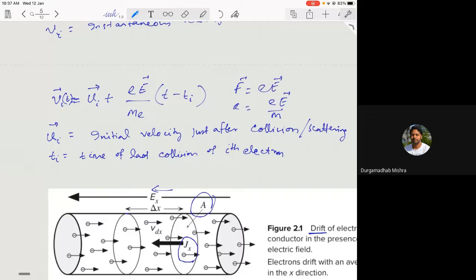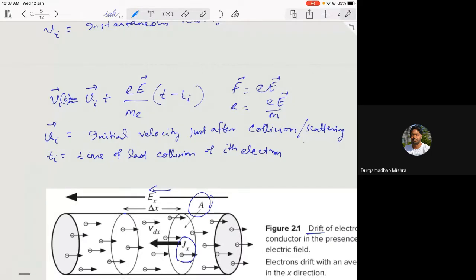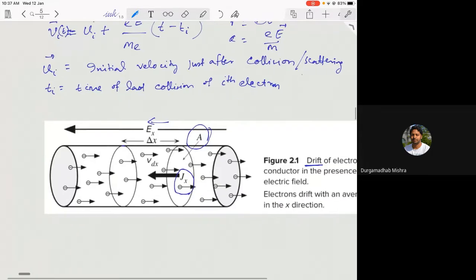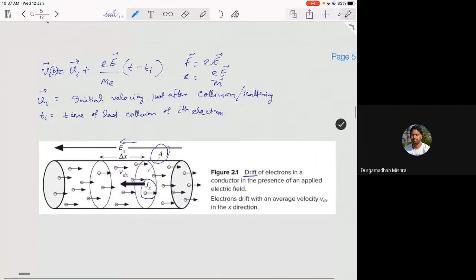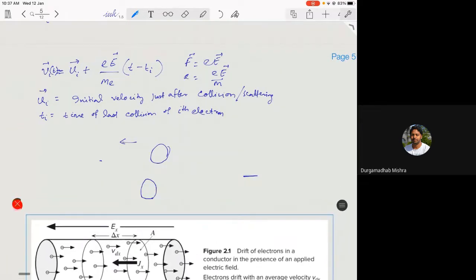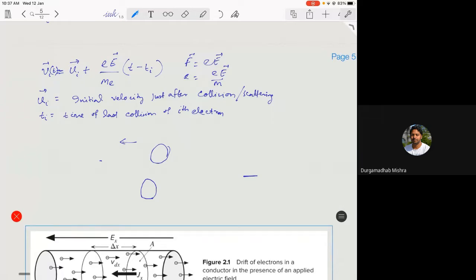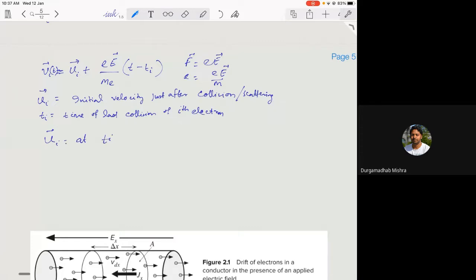So Vi(t) will be Ui, which is the initial velocity just after collision, and that means Ui is measured at time Ti.